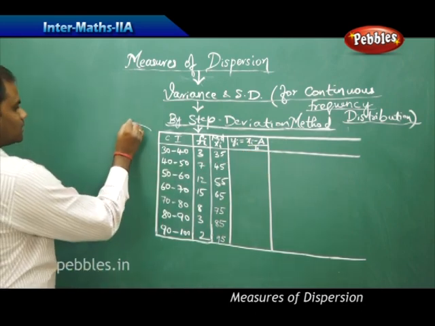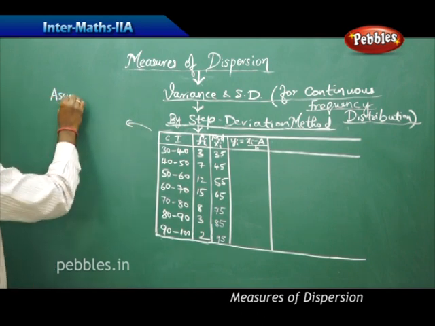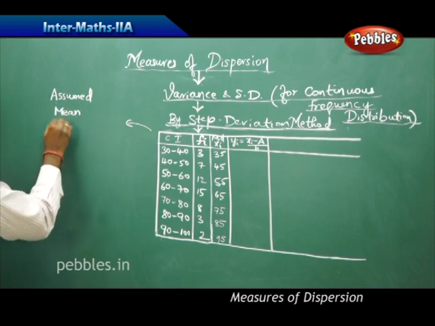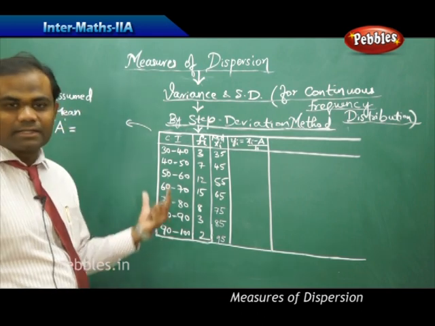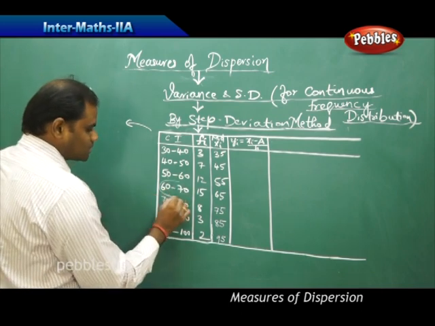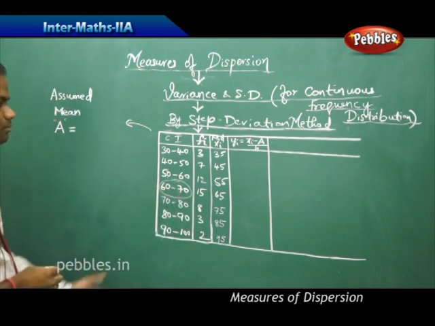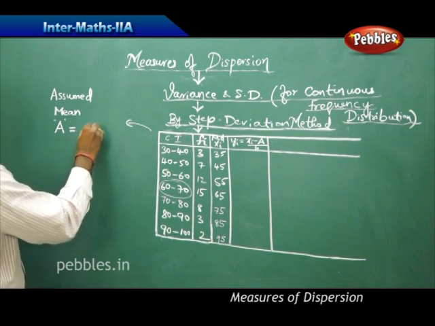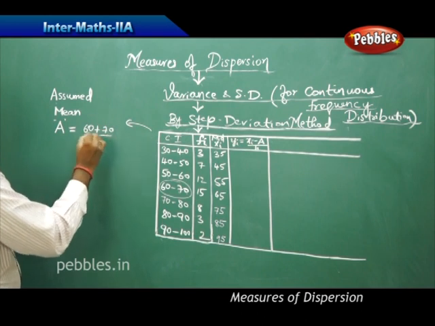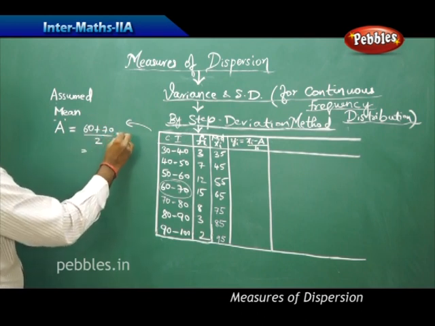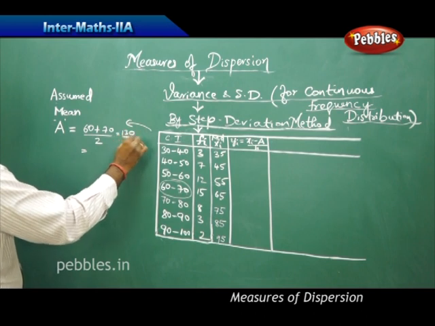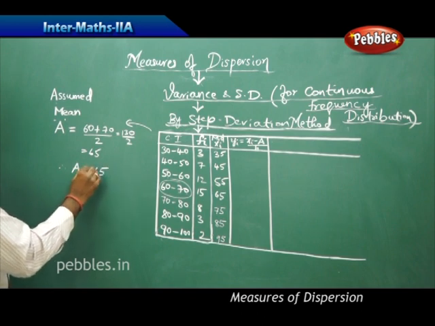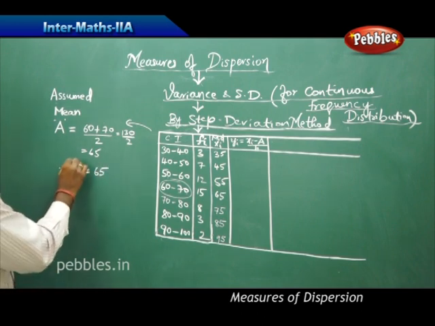Now the assumed mean is nothing but the middle of the class interval, which is the mid class, and the middle value of this is the assumed mean which we take. So the assumed mean is taken as (60 plus 70) by 2, which gives me 130 by 2, that is 65. Therefore the assumed mean a is 65.